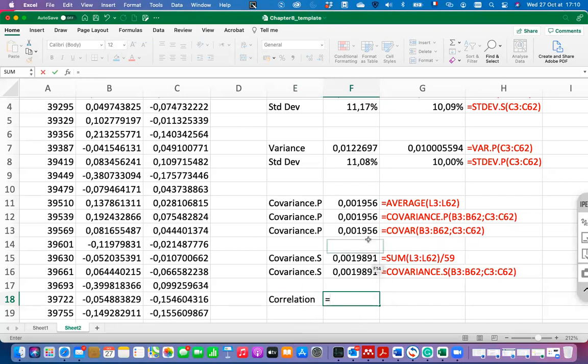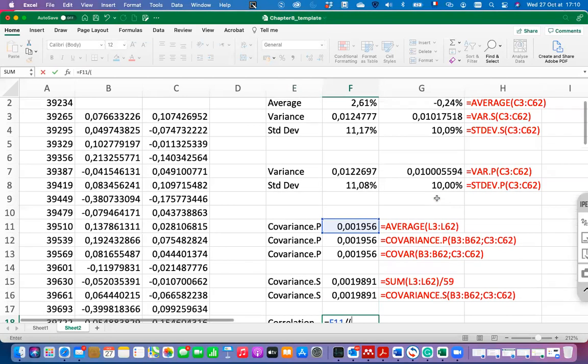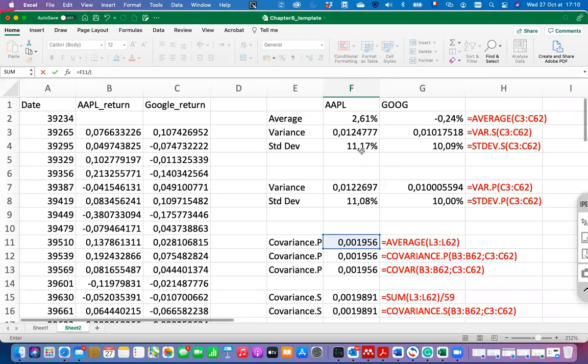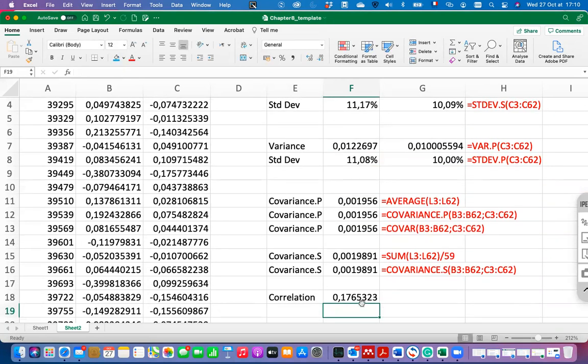So it is equal to the covariance P, for example, here, divided by the product of standard deviation of Apple. So we use the P here, by the one of Google. 0.1760, which is a slightly positive relationship.